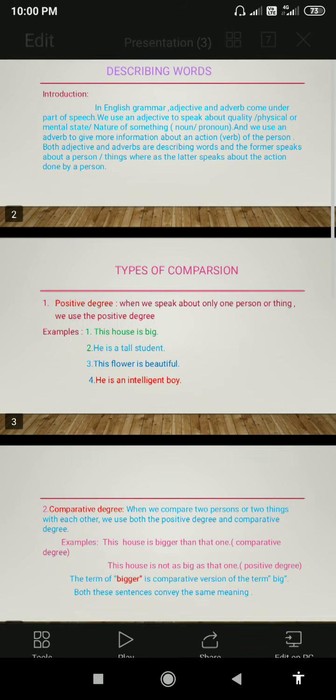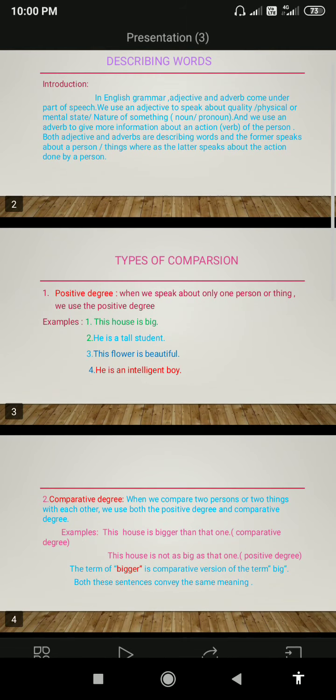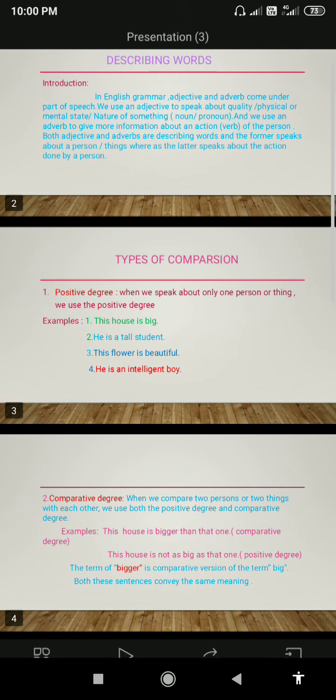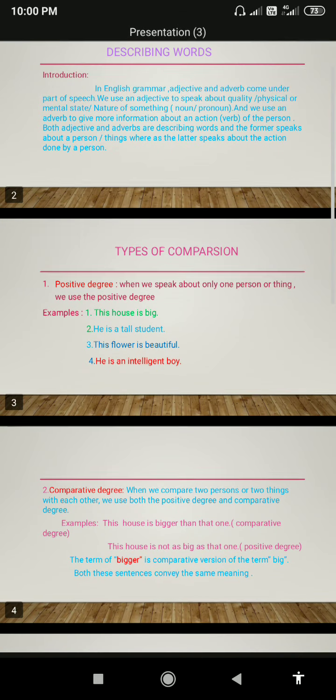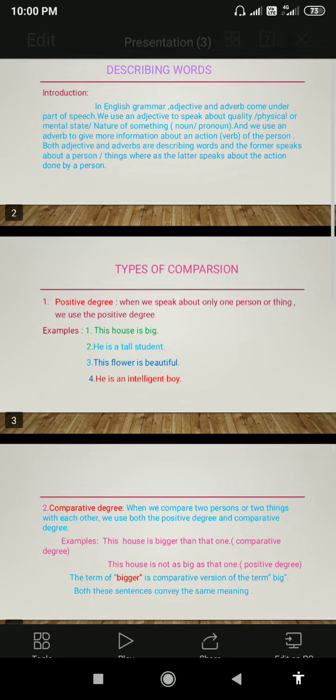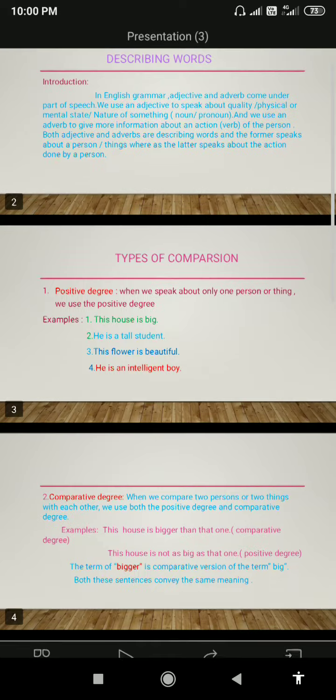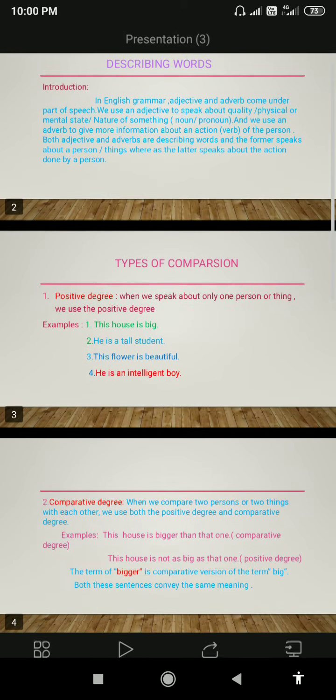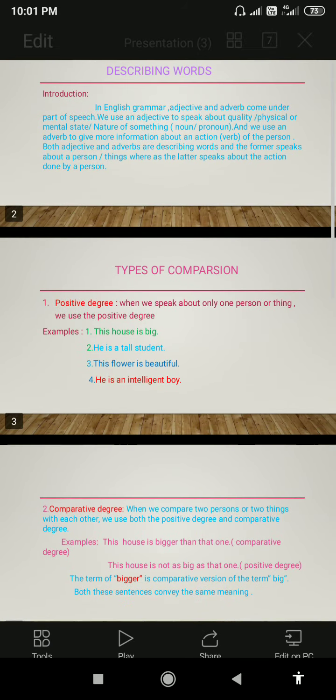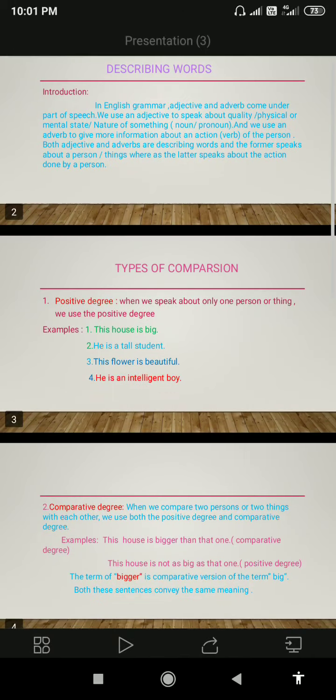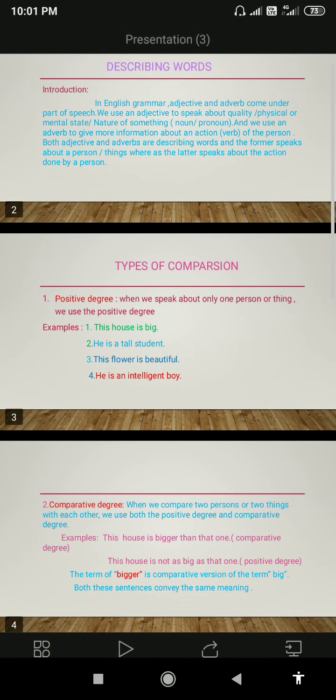Simply remember that whenever you want to describe anything, you make use of these two parts of speech. The first one is an adjective, the second one is an adverb. After learning these two clearly, only then can you describe things, persons or places perfectly.